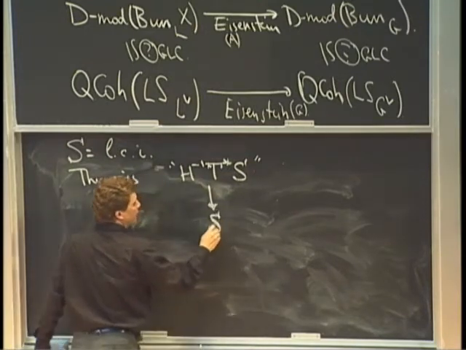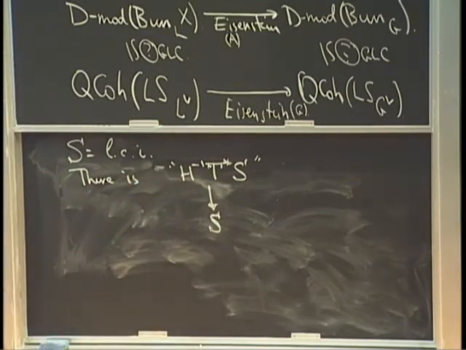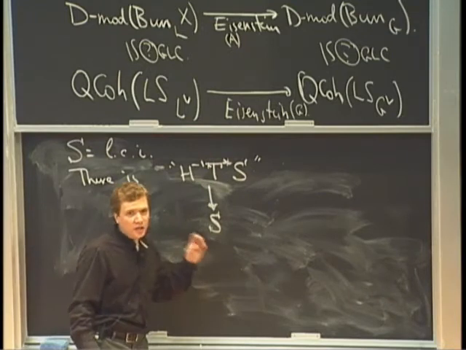It sits over S. It's not a vector bundle in the usual way, because its rank is not constant. So it looks more like a coherent sheaf rather than a vector bundle.